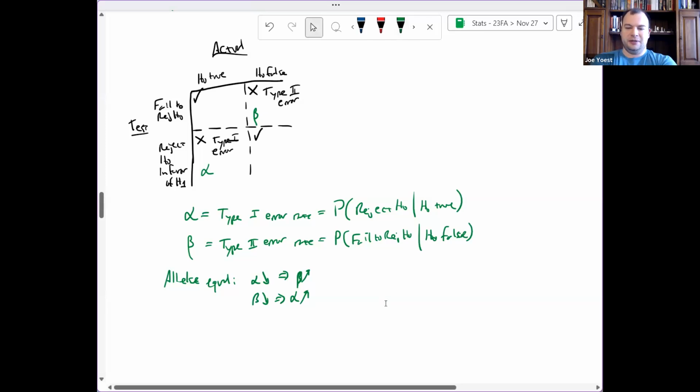It's a little bit like, say, a screen for a disease. If we're screening people for a disease, there are going to be some people who don't have the disease that we say do, and we send them for a follow-up. There are going to be some people who do have the disease that we say don't, and we miss those cases.